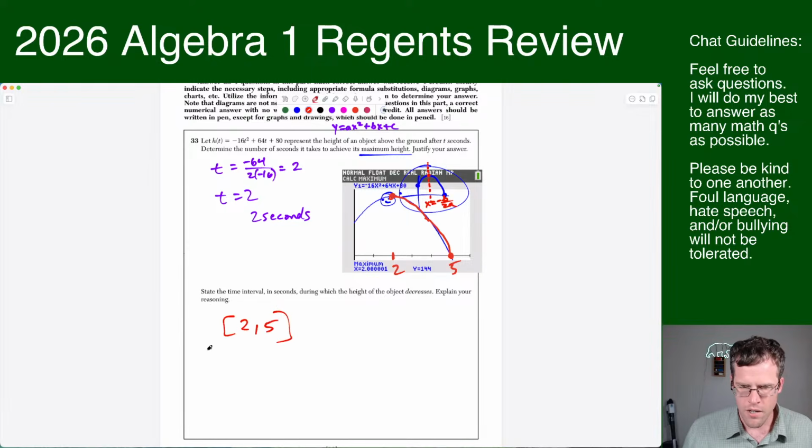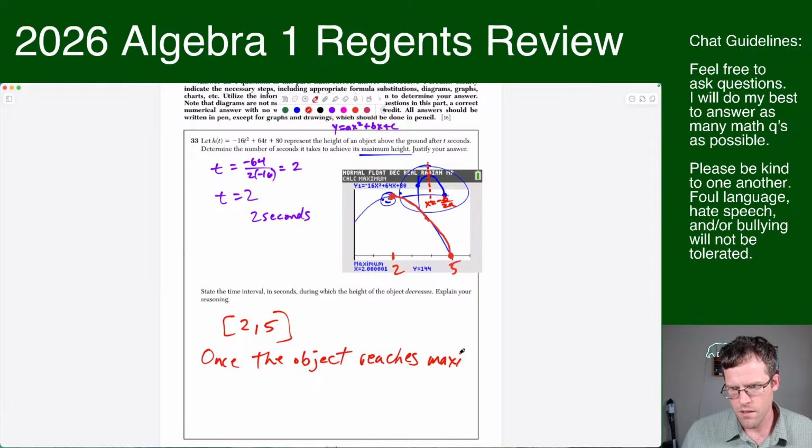Okay, and we could say, once the object reaches maximum height, it begins to fall. Okay, but then we have to say, when does it fall until?